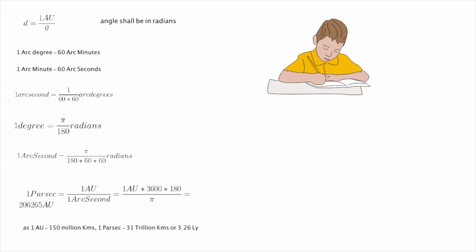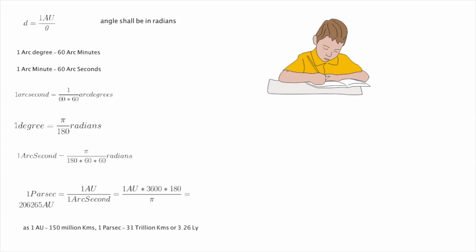So what does this say? The star that subtends a parallax angle of 1 arc second in the sky will be 3.26 light years away. So if you know the parallax angle of a star, you can directly relate it to the distance of the star through the inverse proportionality from the equation.